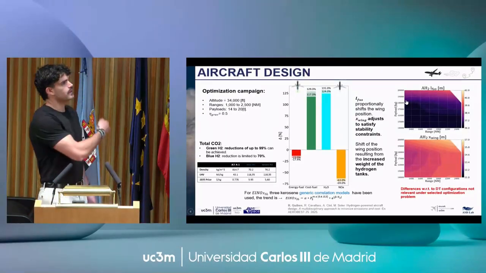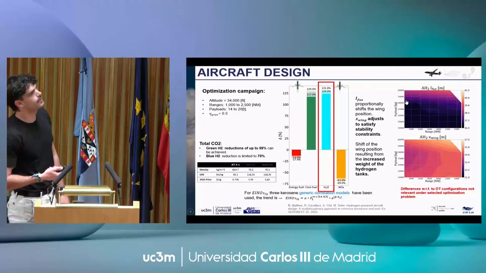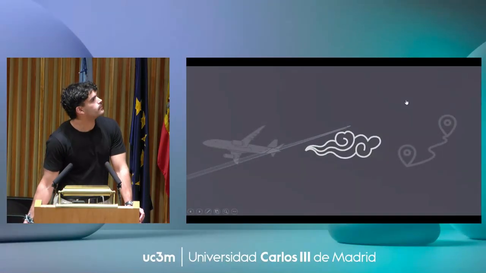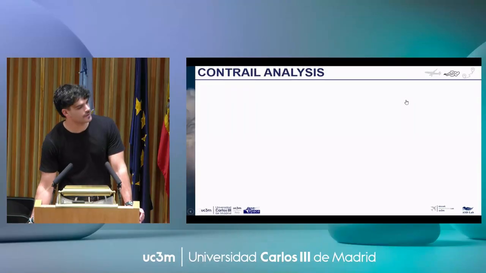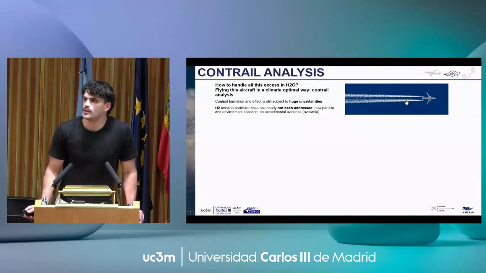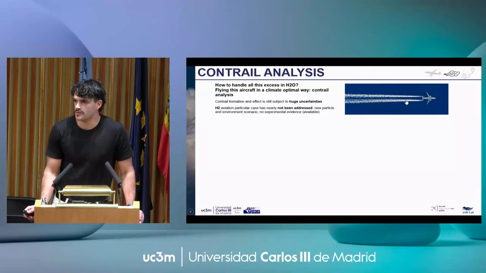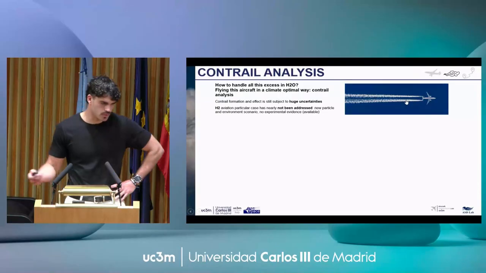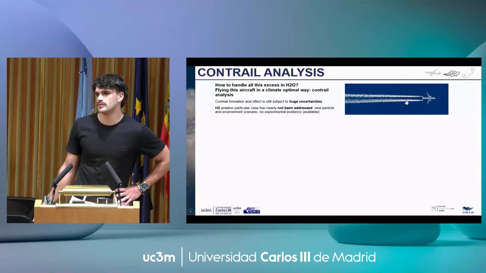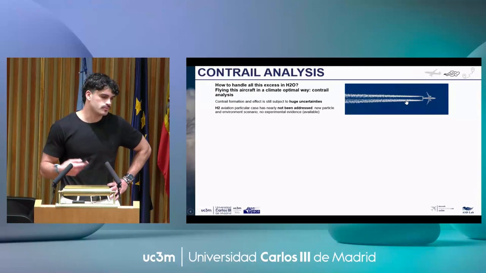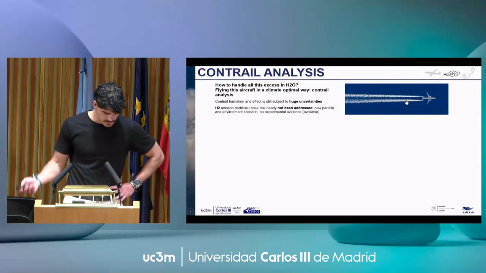So the next question that arises here is what to do with all this increase in water vapor. So basically, we will get into the contrail analysis. We need to understand contrails to fly this hydrogen aircraft, but the contrail is still subject to huge uncertainties, and even the hydrogen contrail has not been nearly addressed at all.